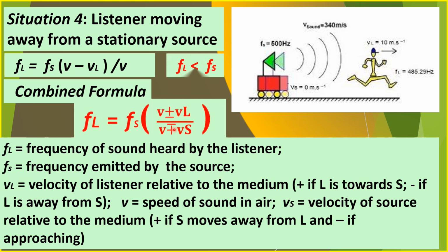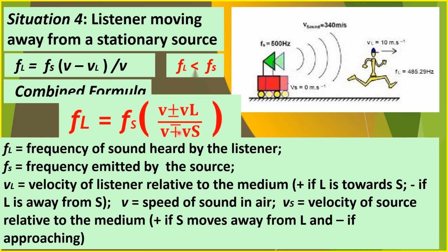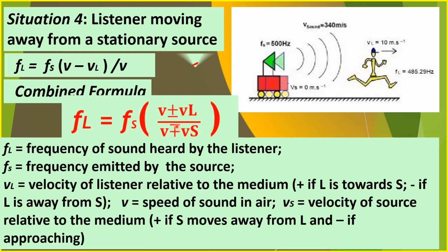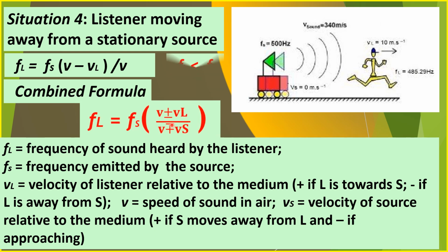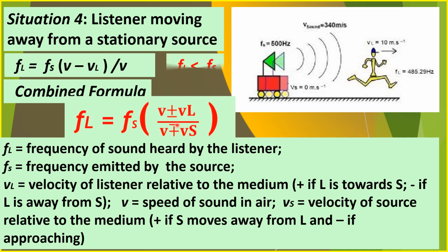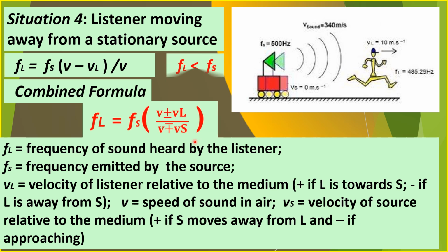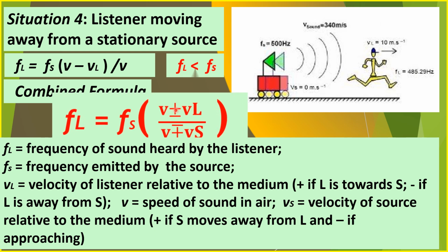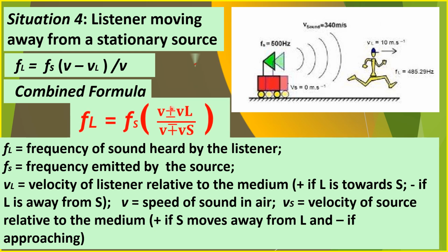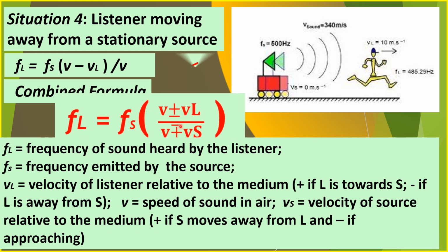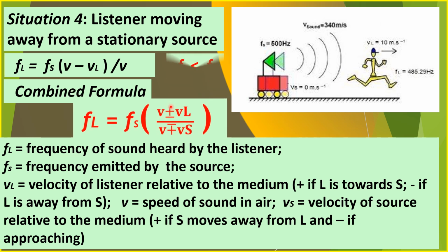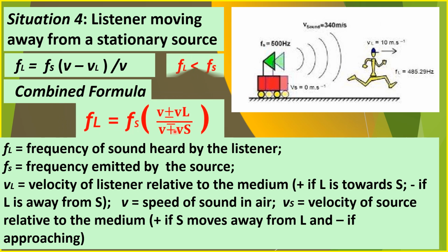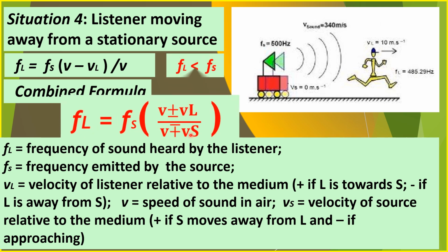And the minus sign written above the plus sign in the denominator also suggests a source that is approaching or moving towards the listener. So the sign written above, both in the numerator and the denominator, suggests an approaching listener, and in the denominator, an approaching source.